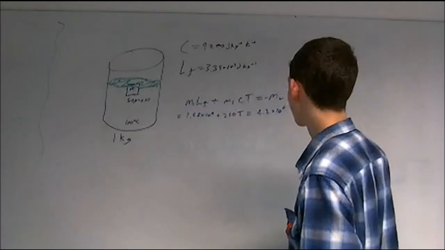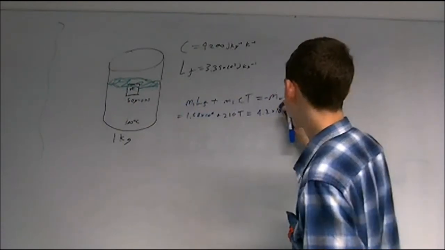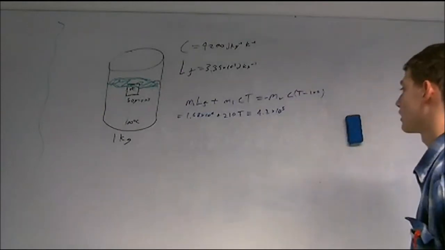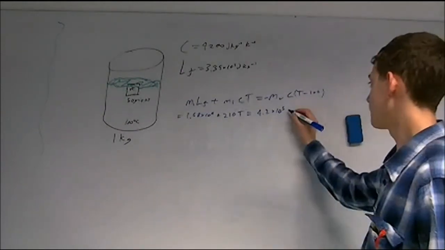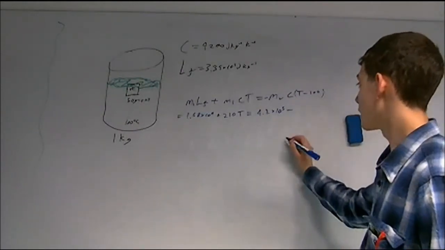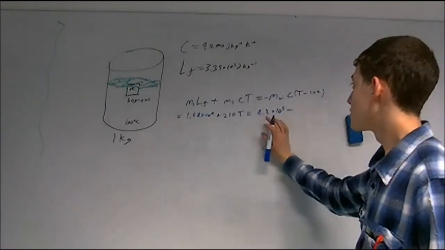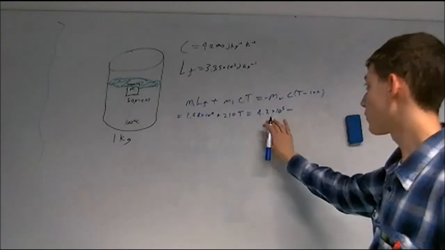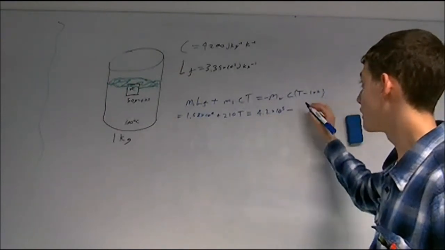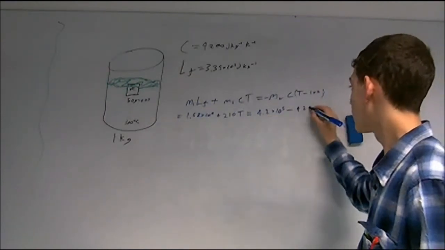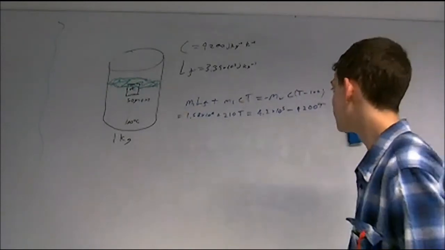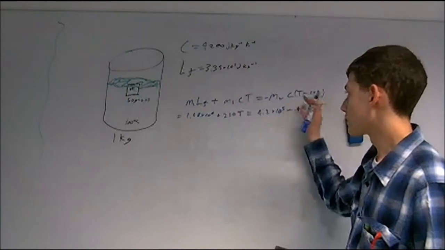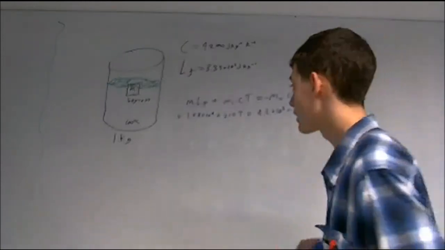Then 5 minus 4200 T. These are switched around because it's a minus sign.